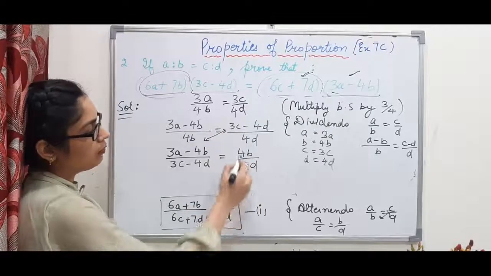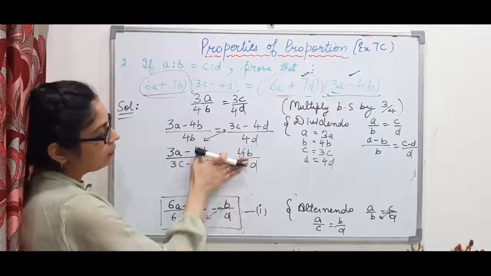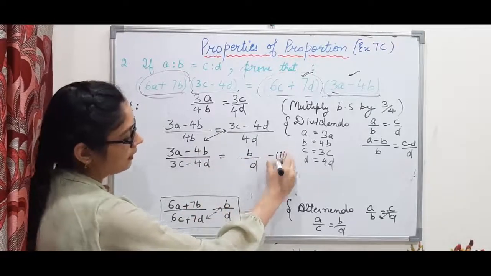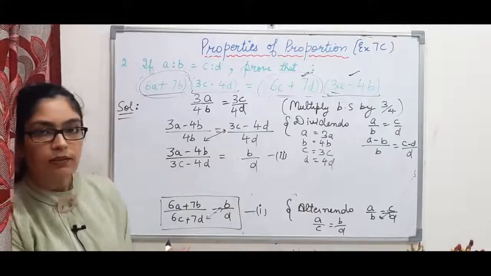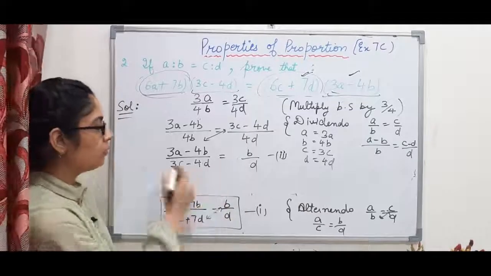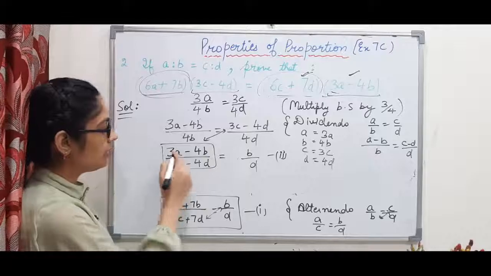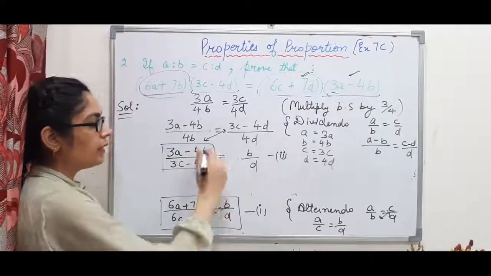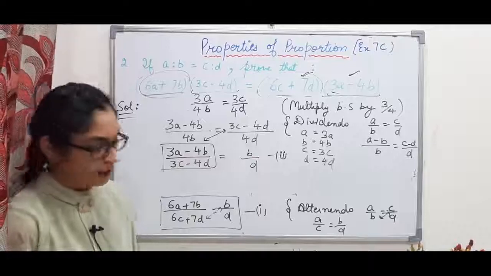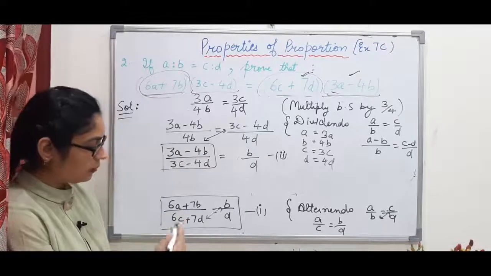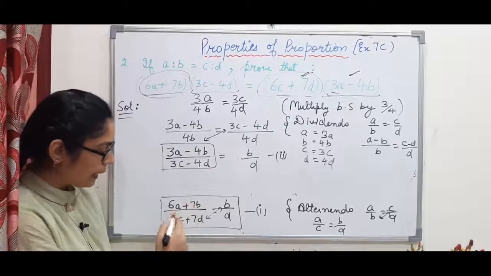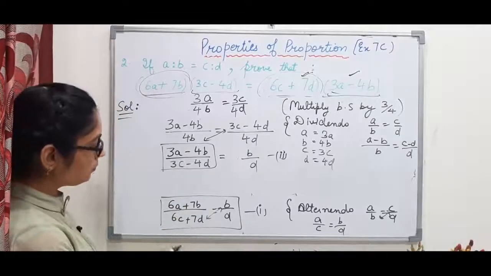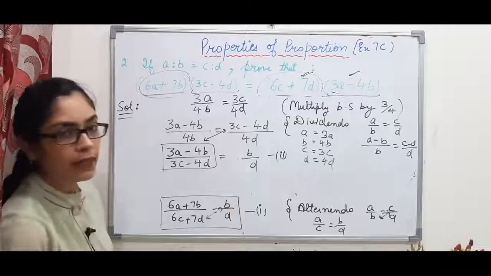So here 4 and 4 will get cancelled. So directly I can write b by d. This is point number second. If you see the first one also and the second one also, both of these terms, 3a minus 4b by 3c minus 4d, it is also equal to b by d, and 6a plus 7b by 6c plus 7d is equal to b by d.